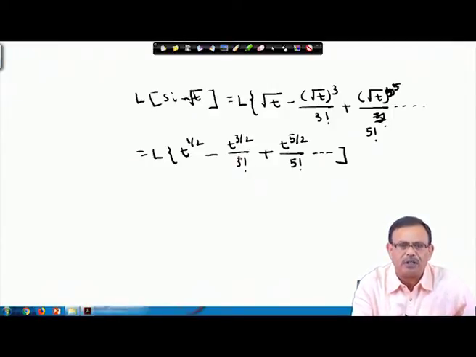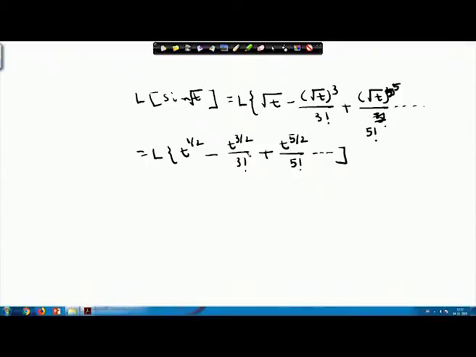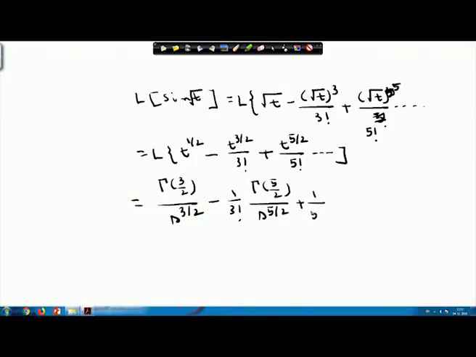So, I can write it as individual Laplace transforms: gamma 3 by 2 by s to the power 3 by 2, minus 1 by factorial 3 into gamma 5 by 2 divided by s to the power 5 by 2, plus 1 by factorial 5 into gamma 7 by 2 by s to the power 7 by 2.